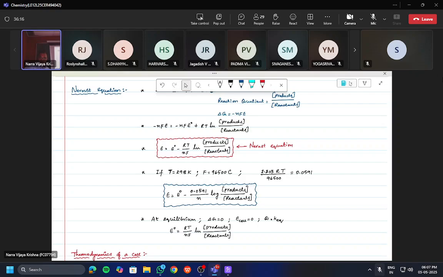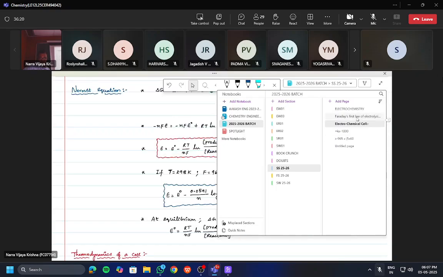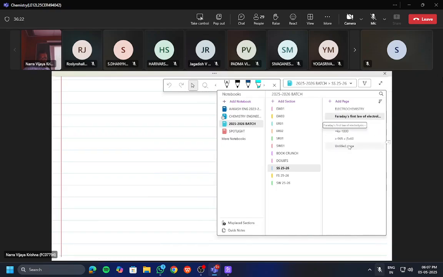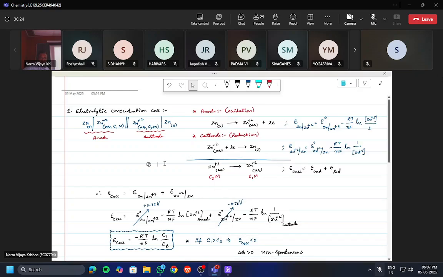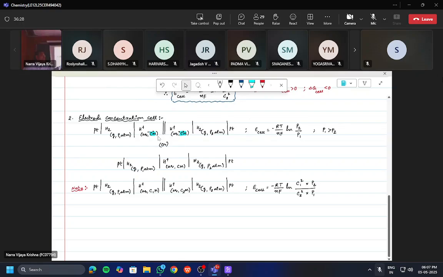Already we have seen that equation. So it can be connected to the gaseous state chapter. So gaseous state, thermodynamics, equilibrium: if you are thorough with these three chapters, then electrochemistry becomes easy. Clear?